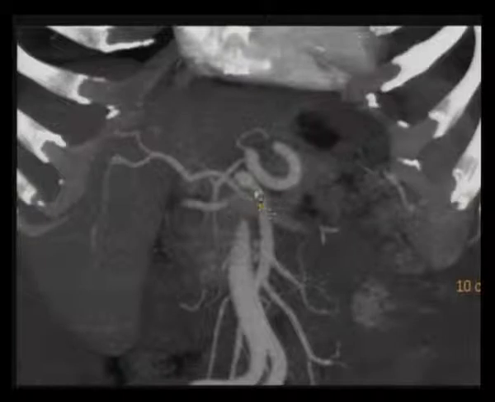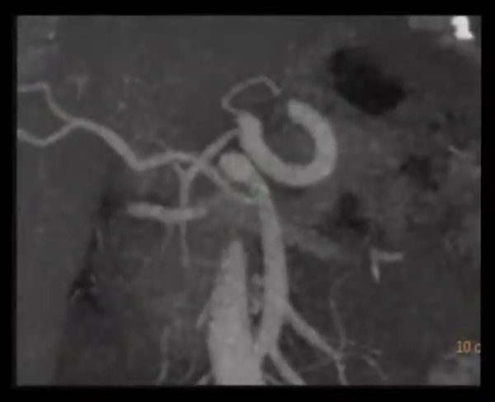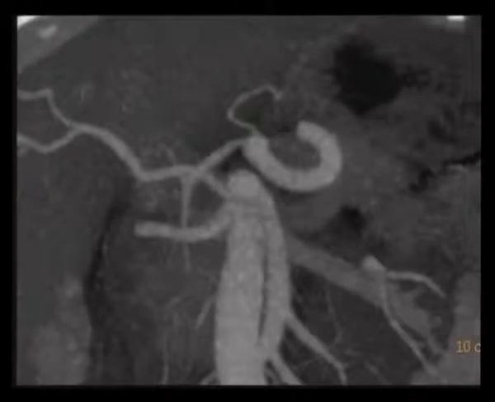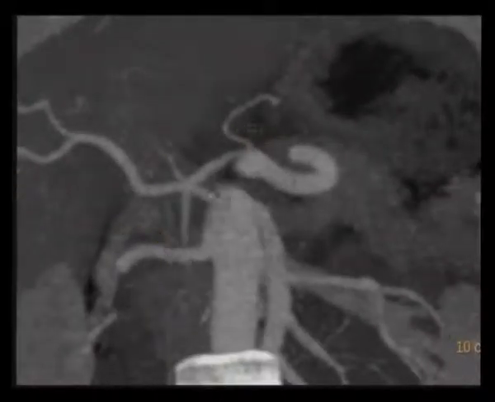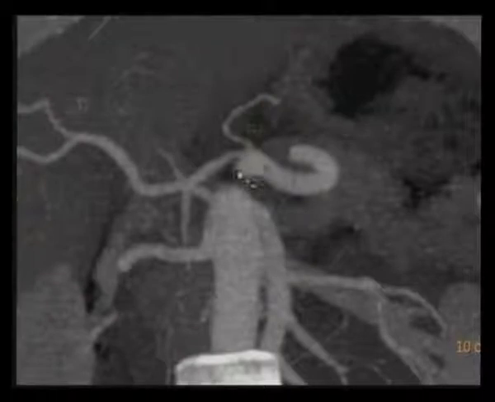And we see here very well, this is a moment only, okay? This is the superior mesenteric artery. This is a very big hepato-mesenteric trunk. This is the celiac trunk with the left gastric artery, hepatic artery, and gastroduodenal artery, and a thin artery for left liver.